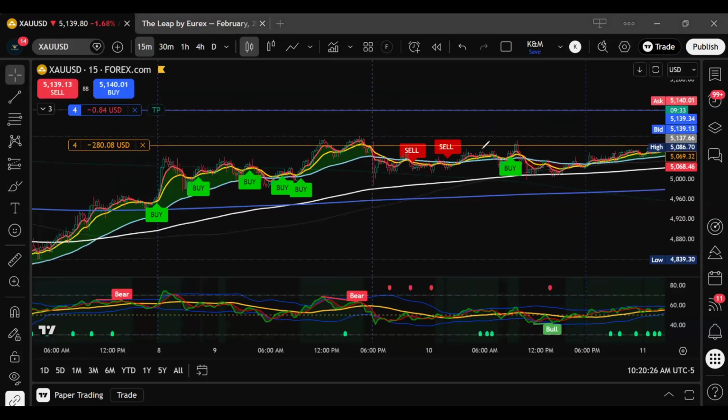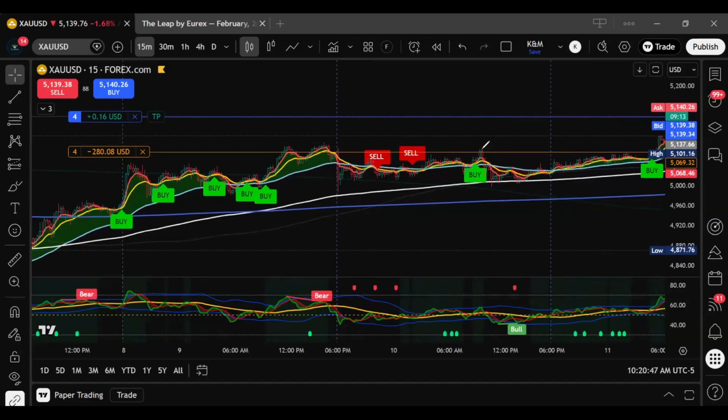Basically, you want the mayo, because your mayo on the 15 is the water on the hour. So you want your water and your mayo on the 15 to be on the same side in the same direction. So if you're looking for buys, you want your mayo to be on the bottom as well. That's really the cheat code. And your trades are more accurate when the water and the mayo are on the same side.